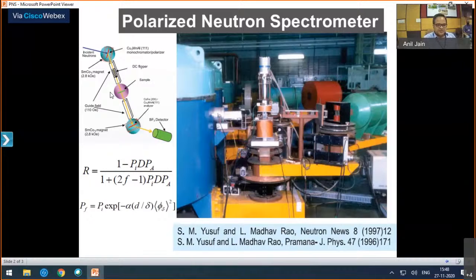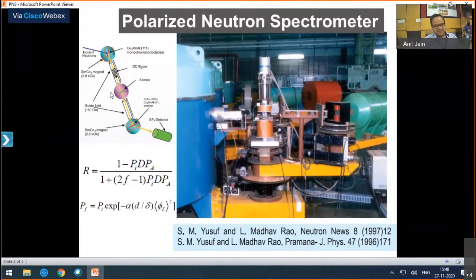So this allows you to check whether there is some sort of ferromagnetic correlation at the length scale of say 100 to 1000 angstrom, and by checking how much the neutron beam is depolarized by passing through your sample, you can get an idea about the ferromagnetic domains. You can calculate this domain size.